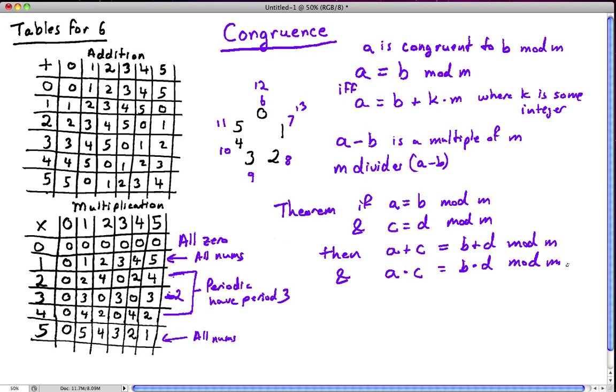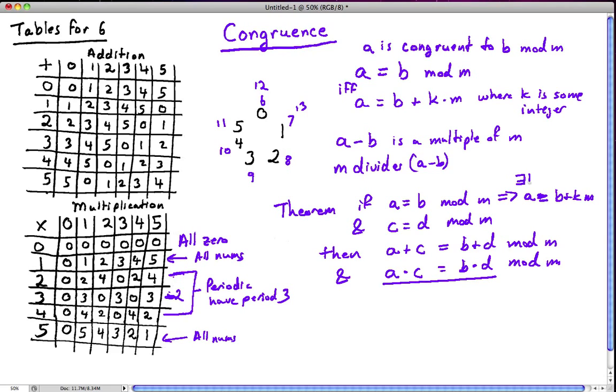Now, the notes have a proof for addition, so I thought I'd quickly write out a proof for multiplication, just so you can see how that's done. So how do you prove it for multiplication? We're trying to prove this statement. First we say, okay, if A equals B mod M, this is the same as saying that A equals B plus KM, right?